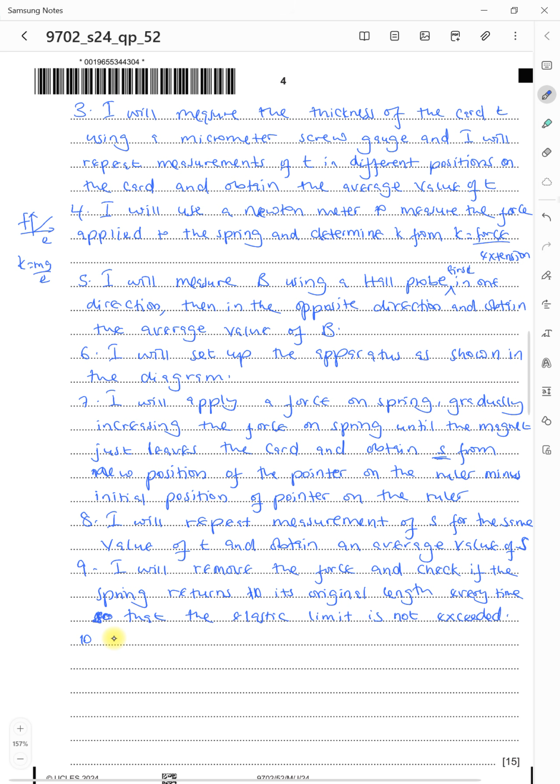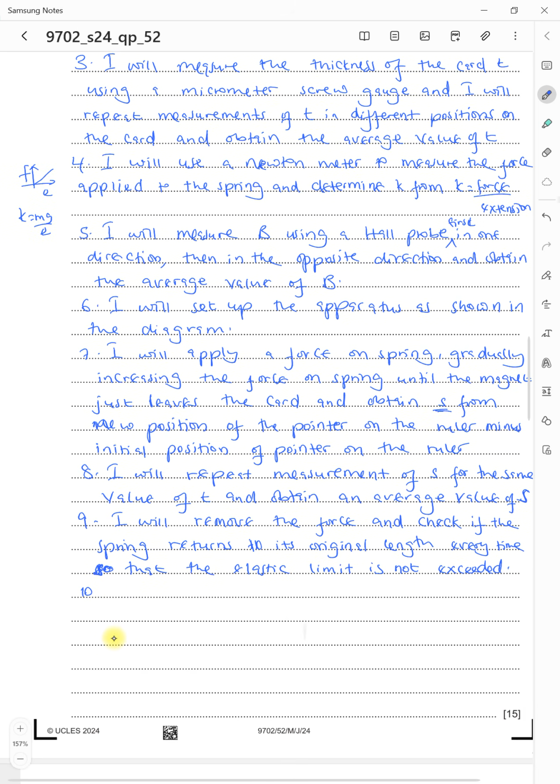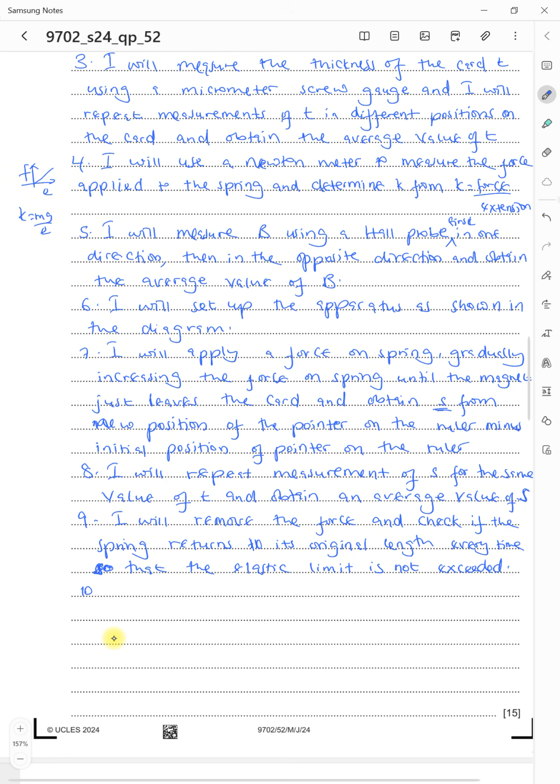Then now for the analysis part, of course I have to repeat measurements of S for different values of T until I have about 6 sets of values.